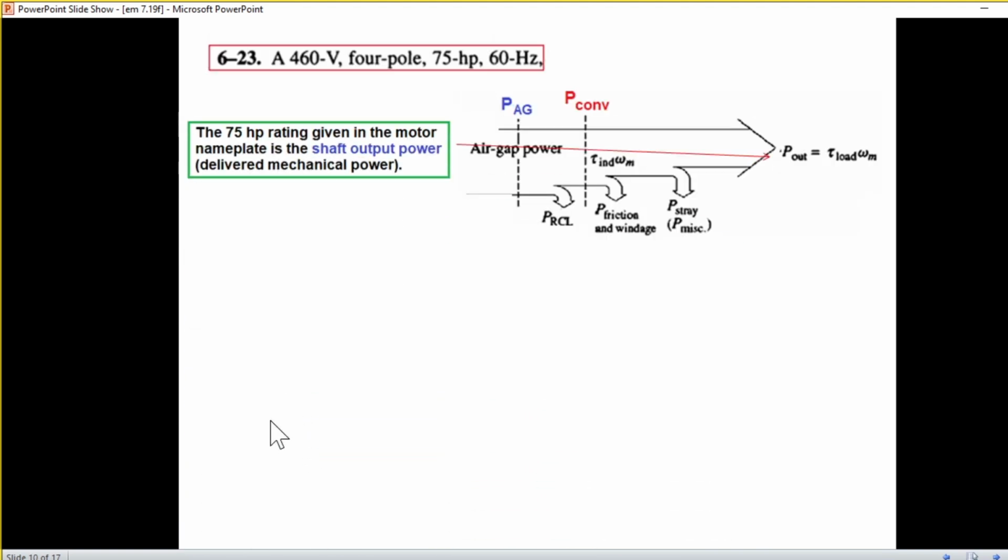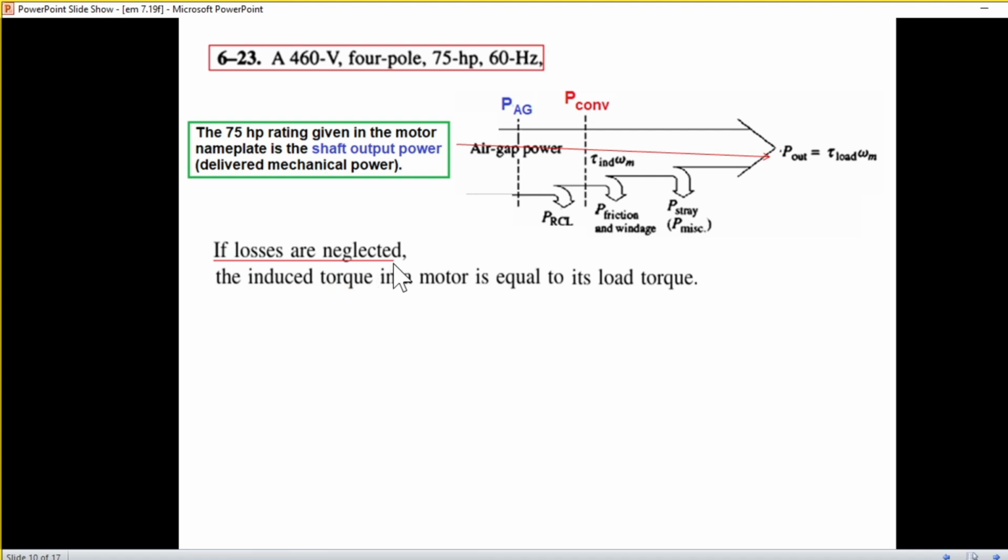Now let's see the torque part or the output power. In the question it is given 75 horsepower is the power. So that means this is the output power here. So the HP rating given in the motor nameplate is the shaft output power or the delivered mechanical power.